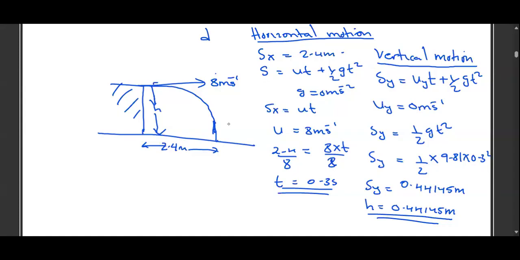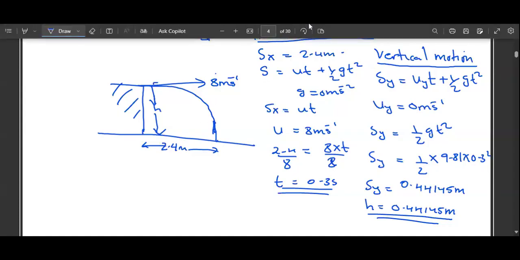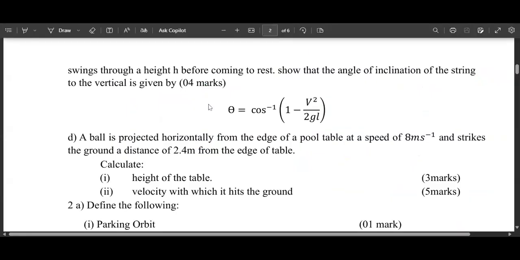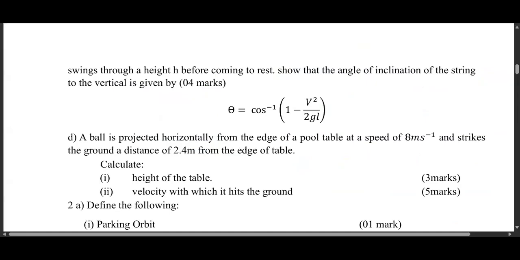So that is Roman numeral 1. Now Roman numeral 2, which is saying velocity with which it hits the ground.